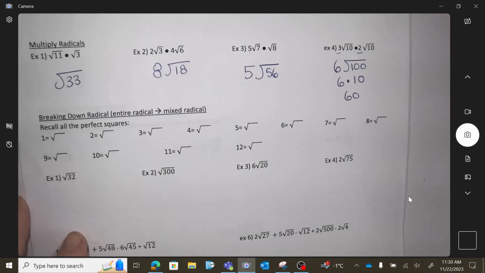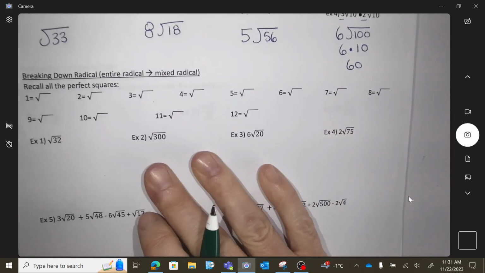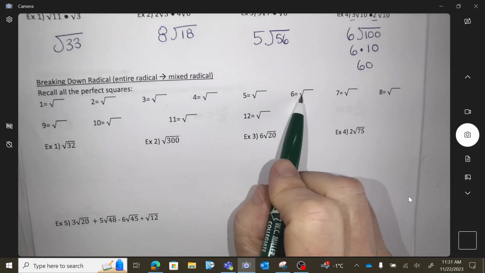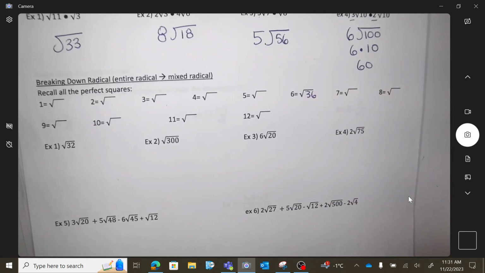Okay, I need you to give me all your perfect square numbers. You know what I mean? So like 6, I want a 36 radical there, right? Give me all your numbers with no calculator. You got them, right?